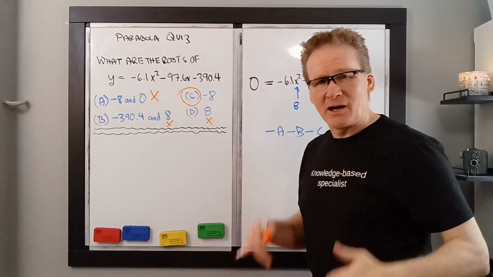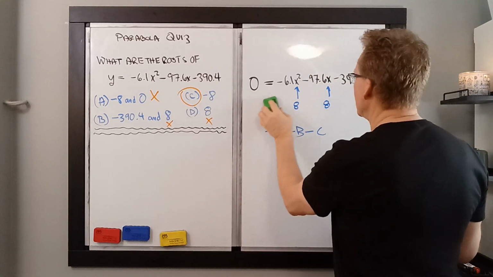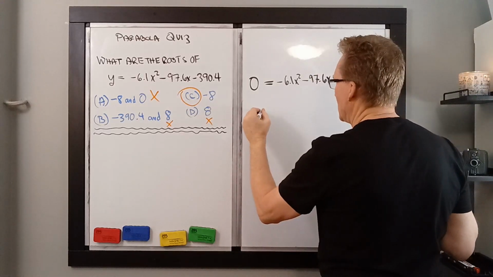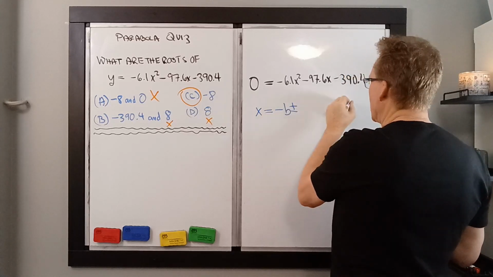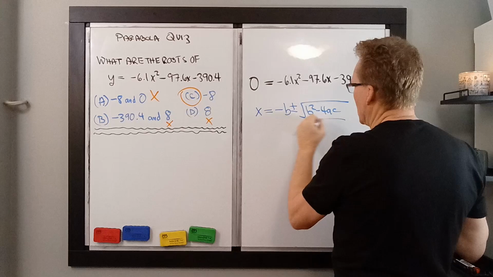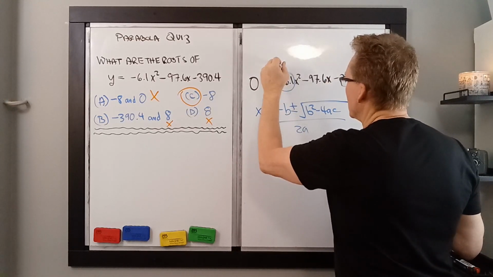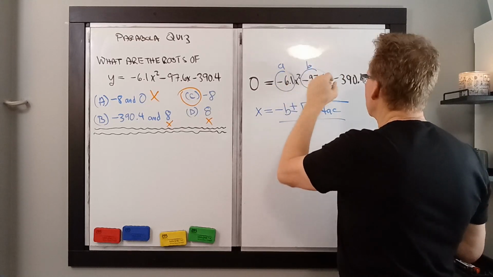If you have time afterwards to come back, what you would do is use the quadratic formula. I'll just write that out for you here really briefly. So the values of x would equal negative b plus or minus the square root of b squared minus 4ac all over 2a. If this is a, don't forget it has a minus sign. This is b, don't forget it has a minus sign.